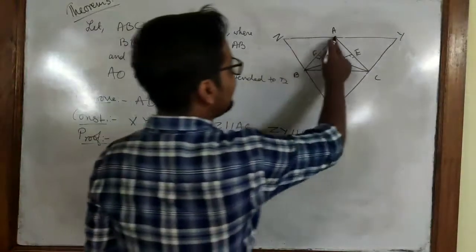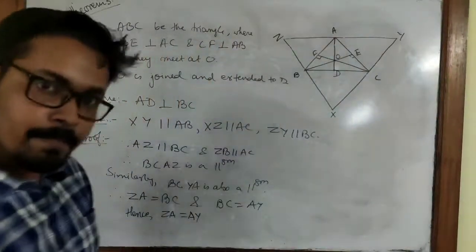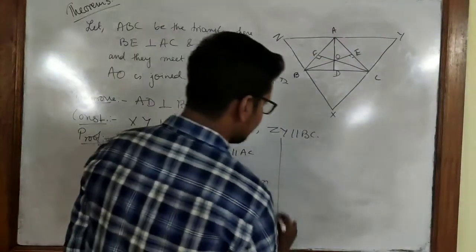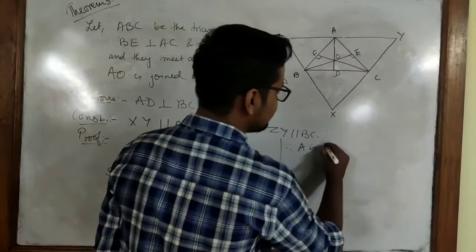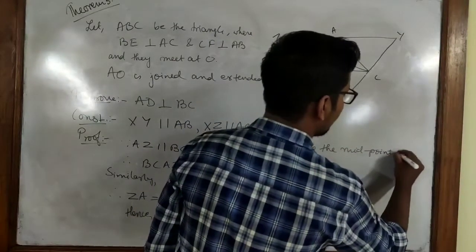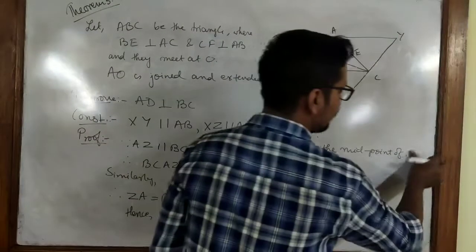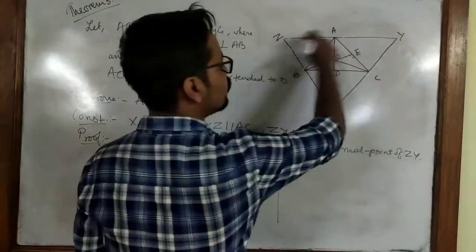Now if ZA and AY are equal, that means A is the midpoint of ZY, right? So we can write that therefore A is the midpoint of ZY.